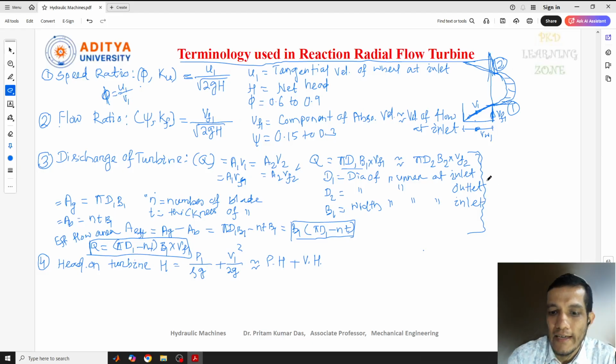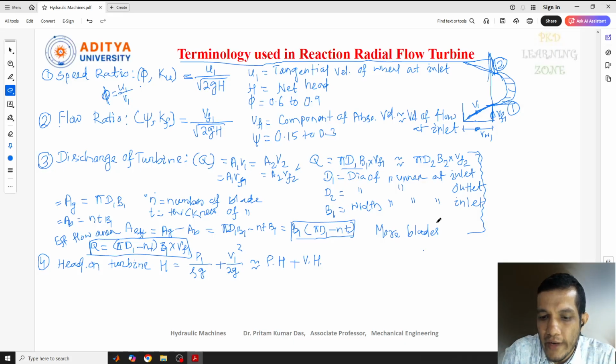So what I can say is that if more blades are present, more area is covered, more area is occupied. Similarly, if more area is occupied, then we get less discharge.